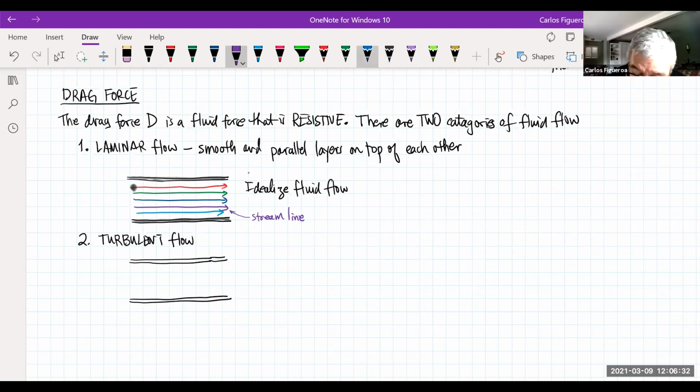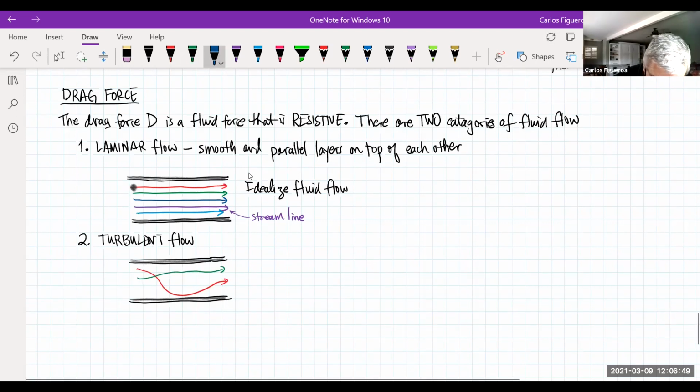When I'm looking at these streamlines, they're just not so pretty. I might have the red one do something like this, the green maybe doing something like this, a mixing of these streamlines.